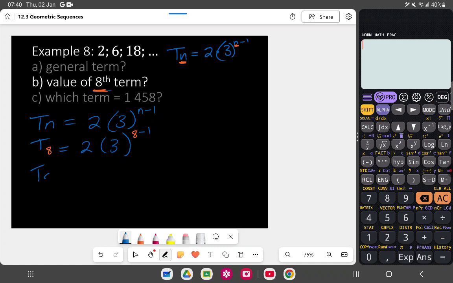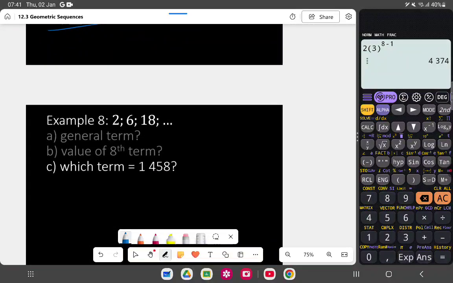So term 8 is equal to, let's go to the calculator on the right, 2 bracket 3 bracket exponent 8 minus 1, or 7. It's entirely up to you. And your answer ends up being 4,374, term 8's value.